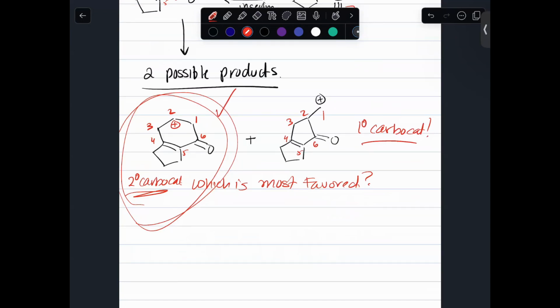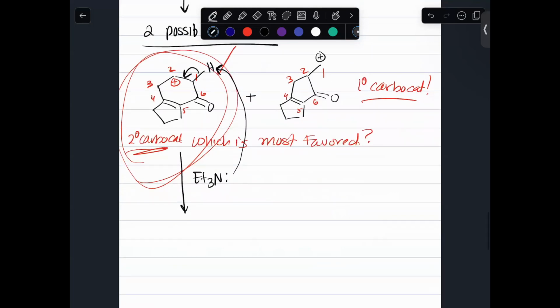I'm not done yet, right? I still need to come in and bring my base, which is triethylamine. I think it's triethylamine. And it does an elimination to form the desired product.